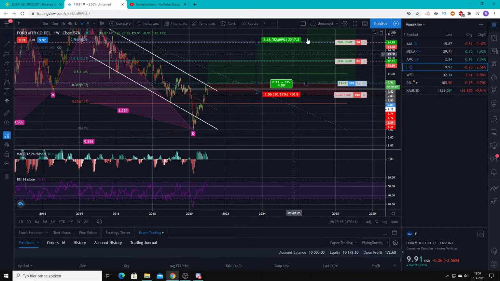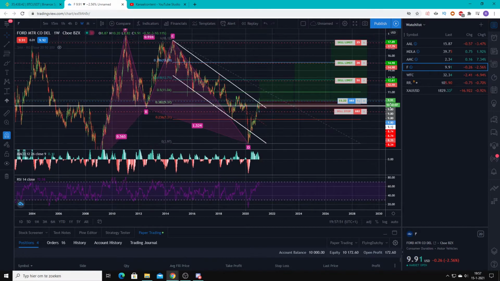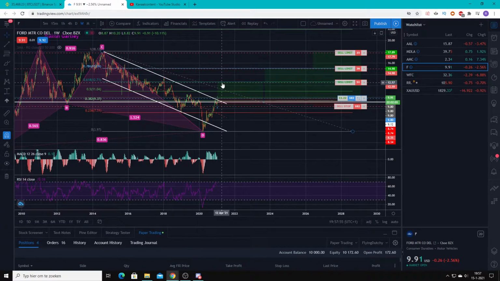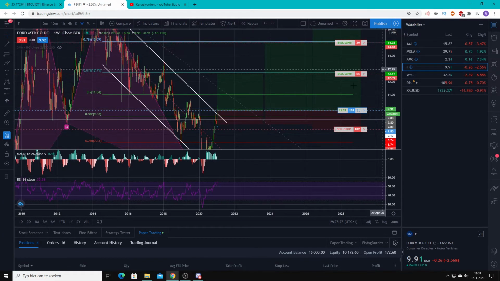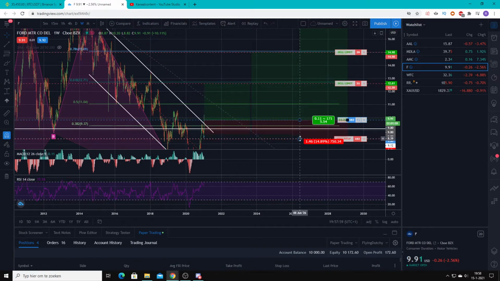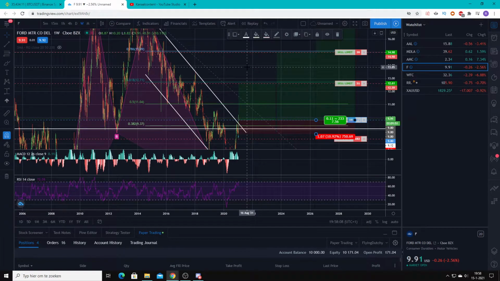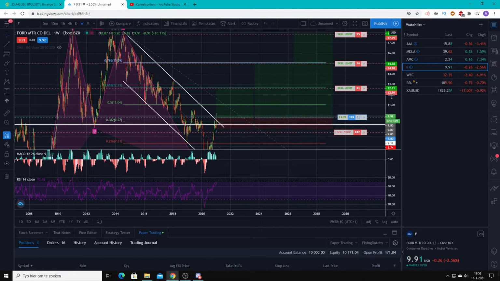I don't know how long it's going to take to get all these targets. It can take years, but we will just monitor the trade. And if we hit a stop loss or a target, then we can put the stop loss back to break even, or put it to our entry. That's better. And just let it run and see what it does for us.